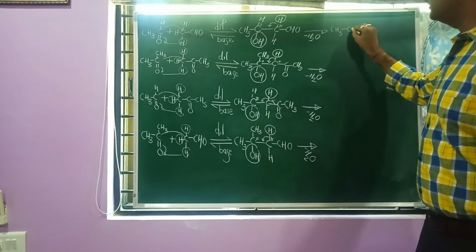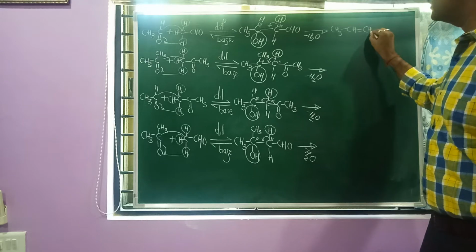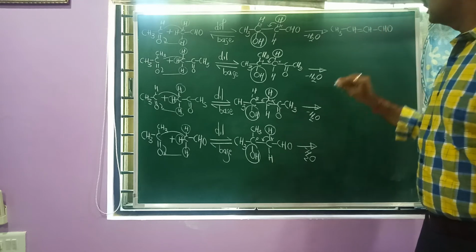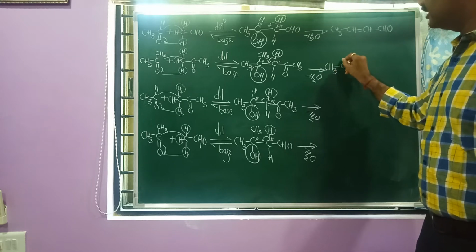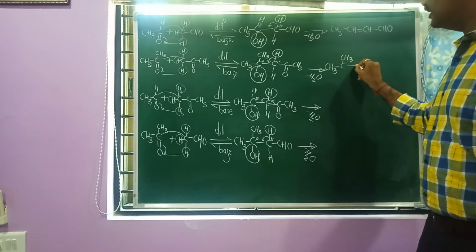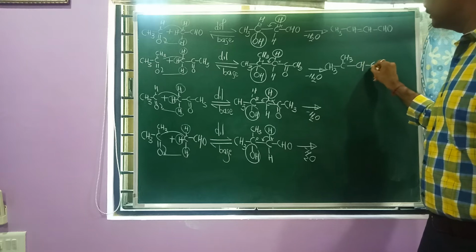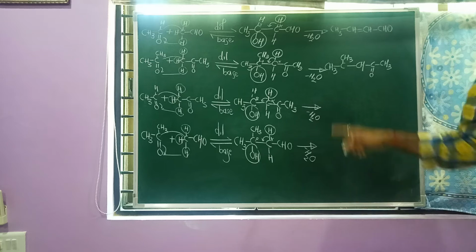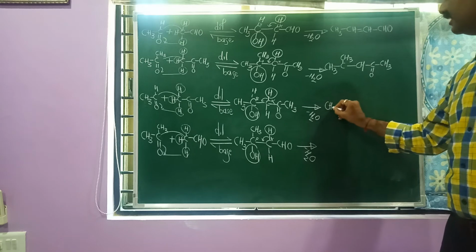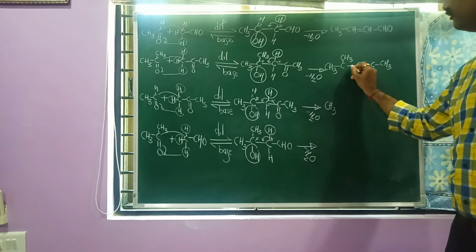CH3 carbon, CH double bond CH, CHO. Here we are writing in this manner. CH3 carbon, CH3, CH, C double bond O, CH3. Now CH3, here a double bond will form between these two.